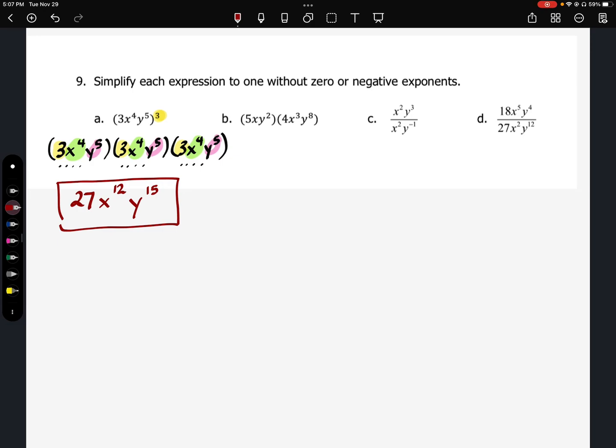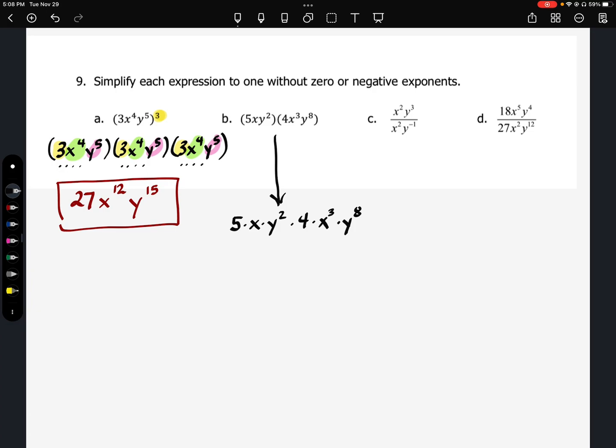Let's look at B. With B, we've got two quantities. We've got 5xy squared, and then we have 4x to the 3rd, y to the 8th. Now, there's no power on either of these grouping symbols. So this is really the same thing as just saying 5 times x times y squared times 4 times x to the 3rd times y to the 8th.